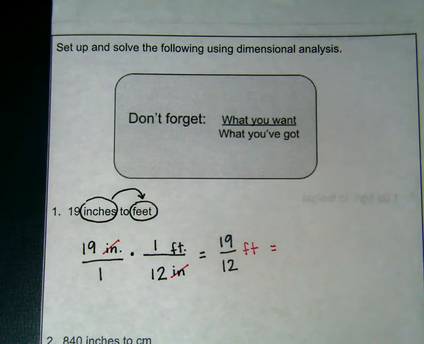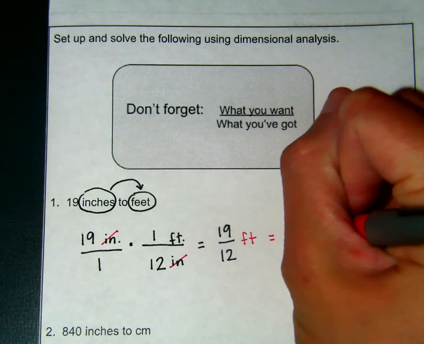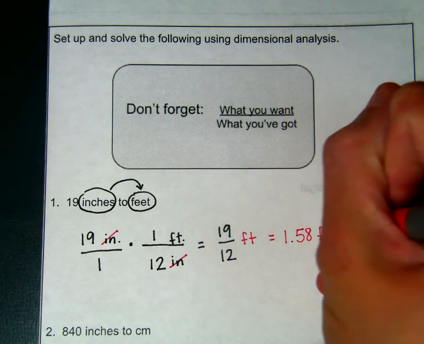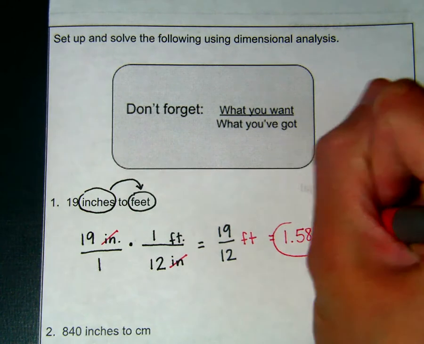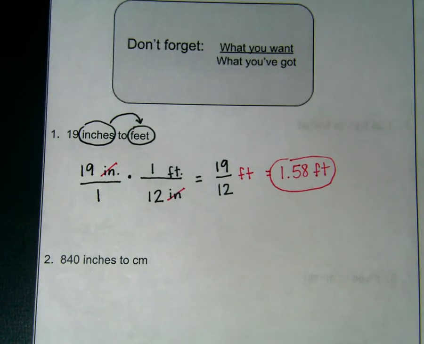We're going to actually do 19 divided by 12. Pull out my calculator, make sure I get it right. 19 divided by 12, I think I said 20. And I get 1.58, round to 2 decimal places, feet. 1.58 feet. Okay, that's what I'm going to do.